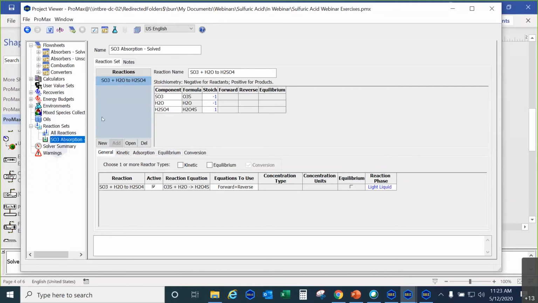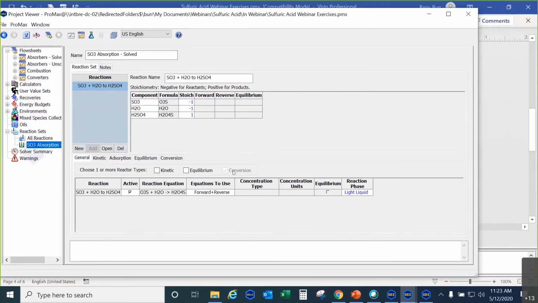But in this one, we're going to make a reaction set that only contains this single reaction. And this is a conversion type reaction set. So we're going to make the reaction set and declare it to be a conversion reactor, and then we're going to add the particular reaction to it.